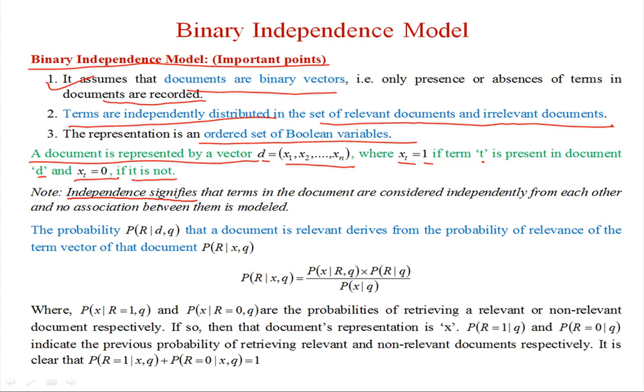The independence signifies that terms in the document are considered independently from each other, and no association between them is modeled. But in actual text documents, we cannot take terms independently. This term is related to this term, which is also related to this term.